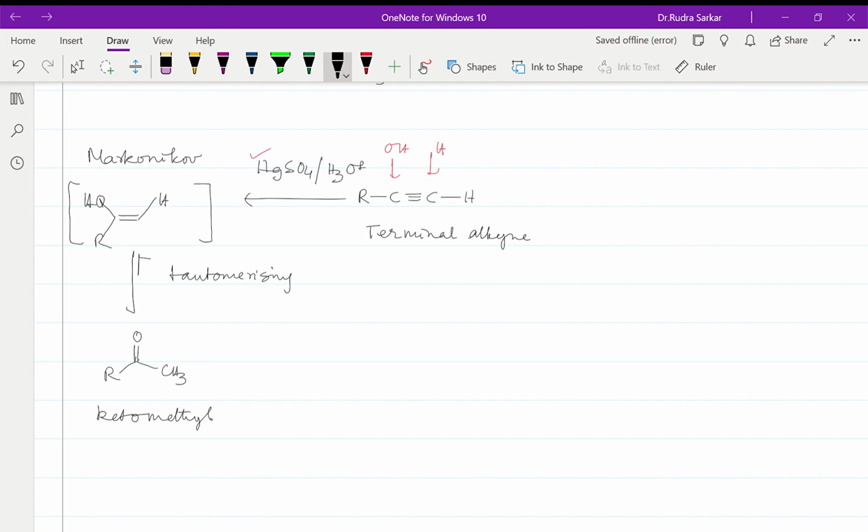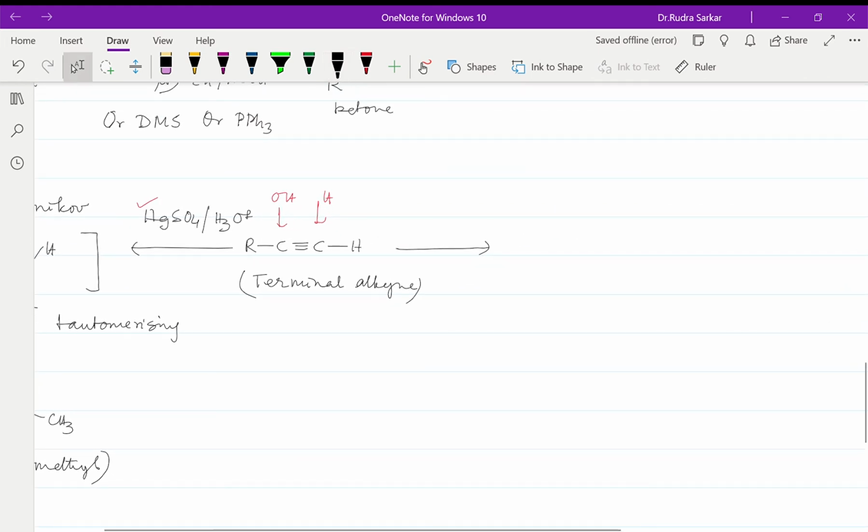So whenever we have a terminal alkyne, there will be a ketomethyl group. This thing should be kept in mind by the students.